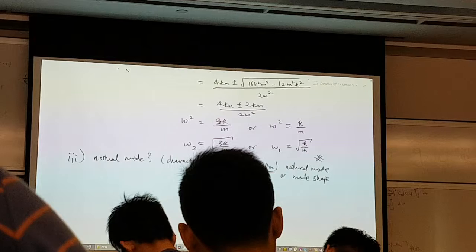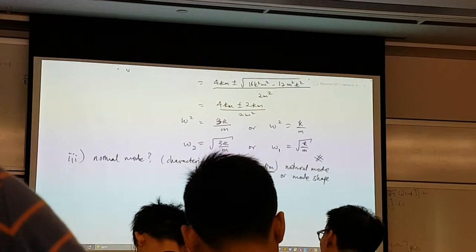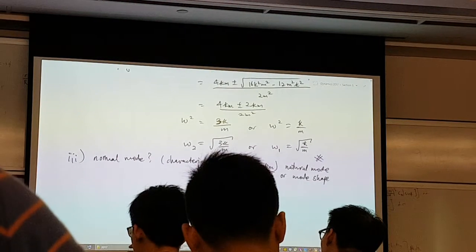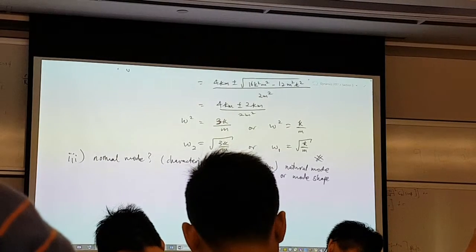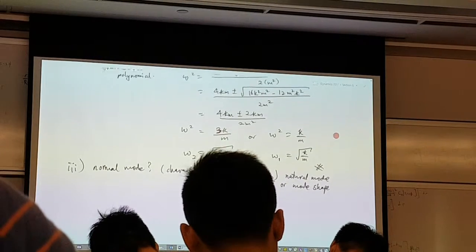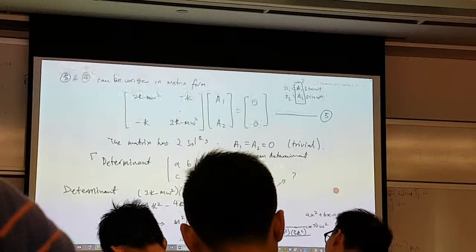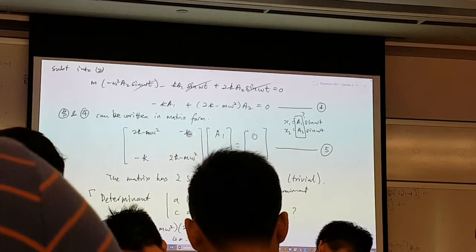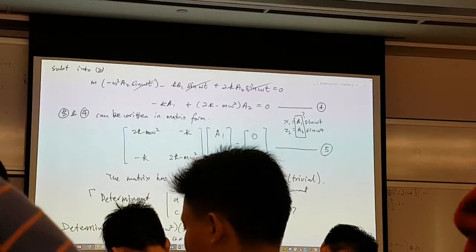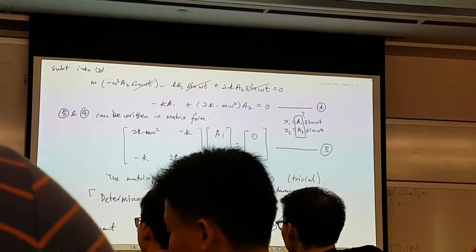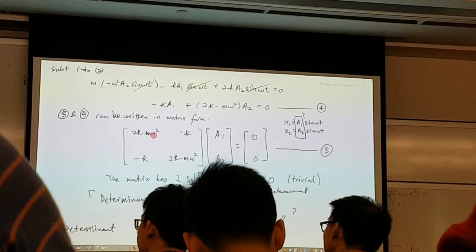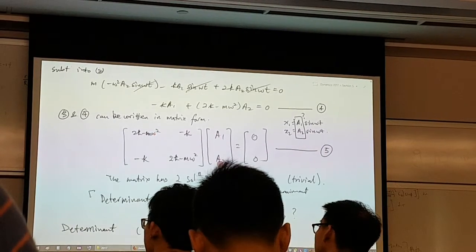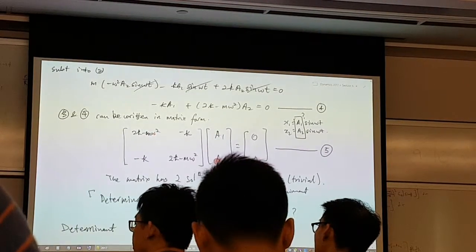So if you look up, equation 5 has 2 equations and 3 unknowns. It is better if I let you see that equation 5 over here. 2 equations, this and that equation. 3 unknowns. Which ones are the unknowns? Omega, A1, and A2. These are the 3 unknowns.